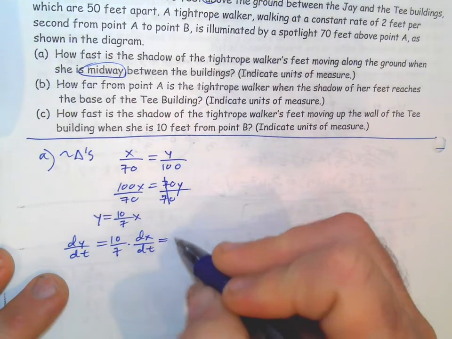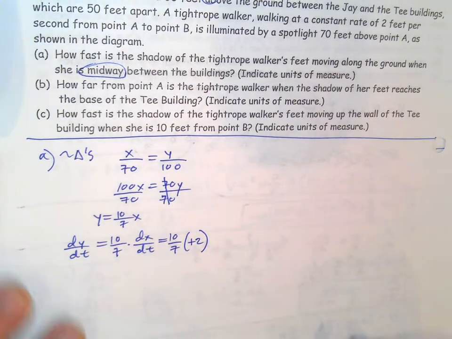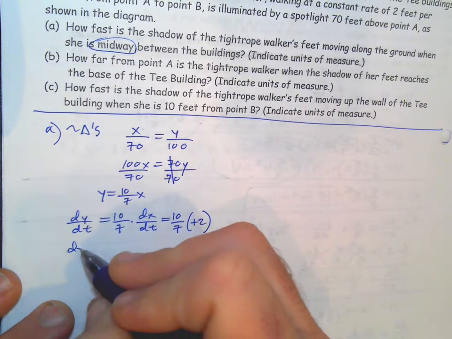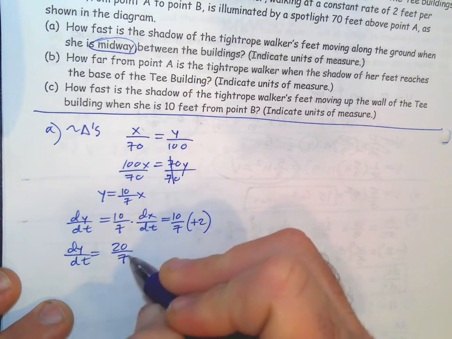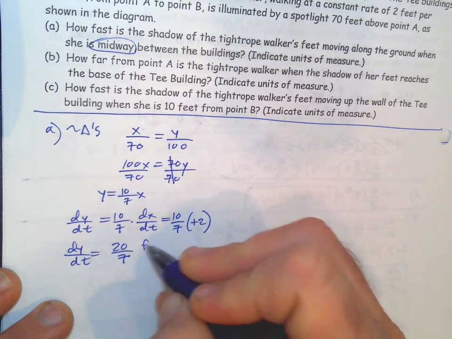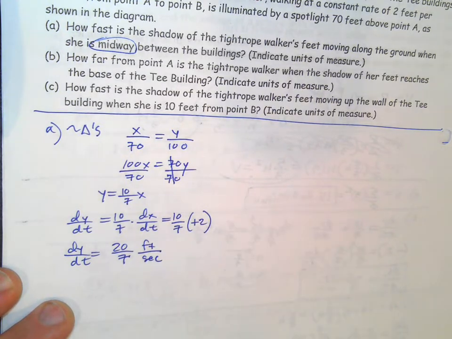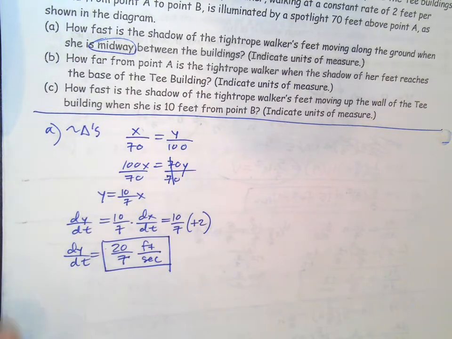And we know dx/dt is positive 2. That was the rate they gave us that we labeled. And so dy/dt equals 20/7. The units are feet per second. That's how fast her shadow, the foot of her shadow, is moving.